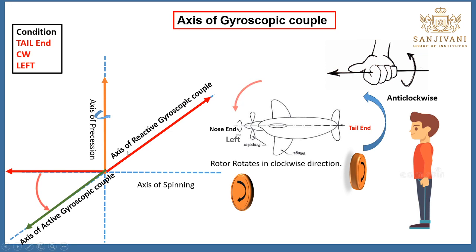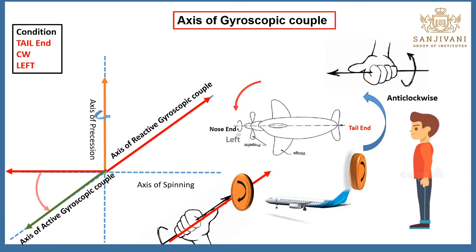Now, what we need to do, again, you have to assume you have placed that vector in your hand, and the direction of this vector coincides with your thumb direction. Okay, and you have to curve your fingers on this vector like this, and that finger shows the clockwise direction.